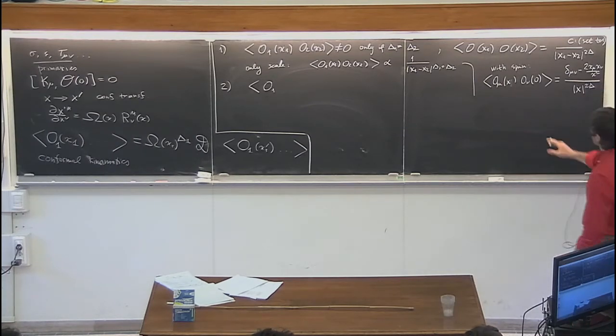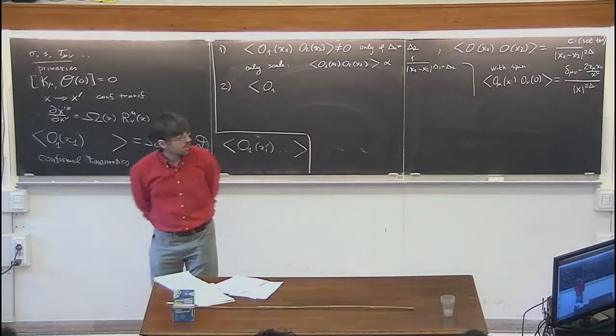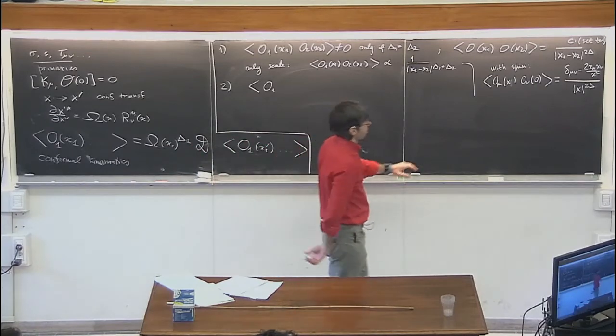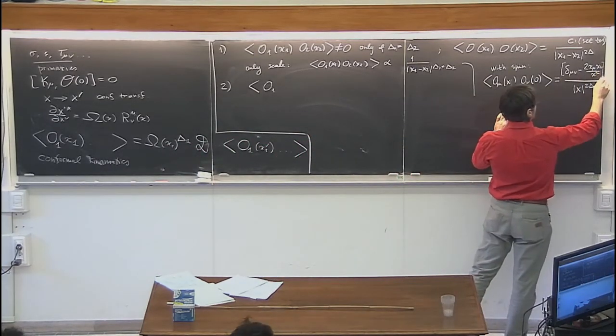Again, the same property is true, that the 2-point function is non-zero only if the dimensions are the same, and it must have this particular form with this particular linear combination of tensors.